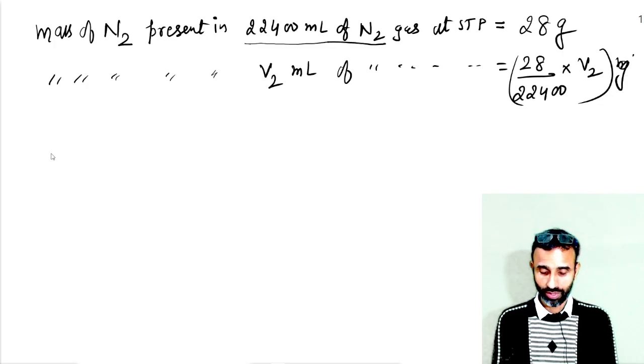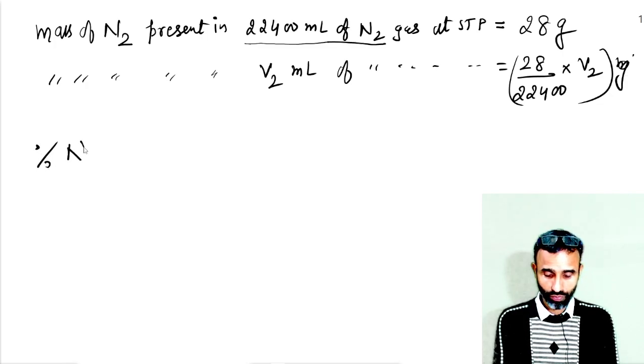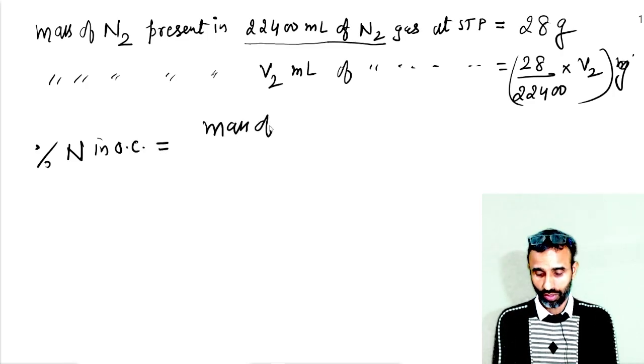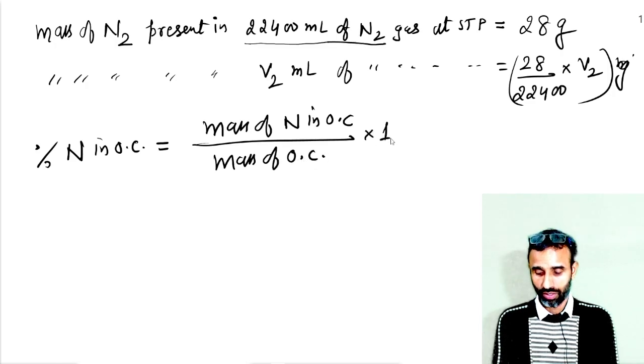gram. So the percentage of nitrogen in organic compound is equal to mass of nitrogen in organic compound divided by mass of organic compound into 100.